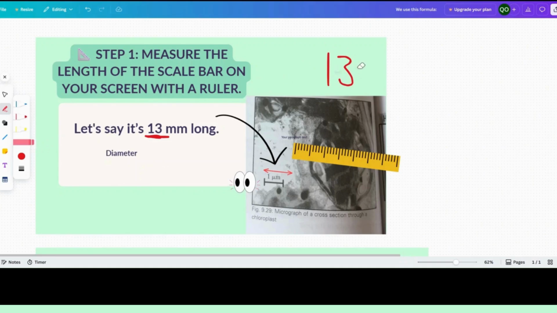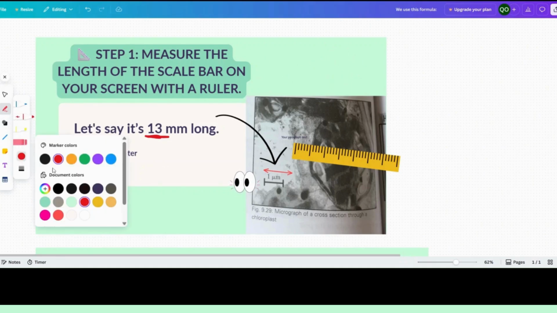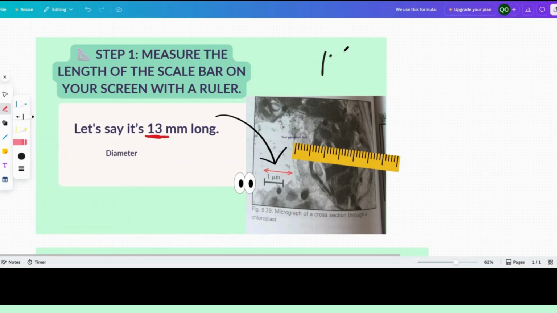So that means that for every 13 millimeters on the scale line, it is equal to 1 micrometer.